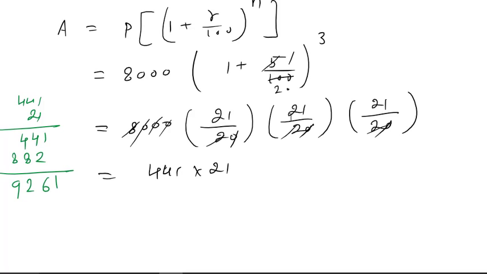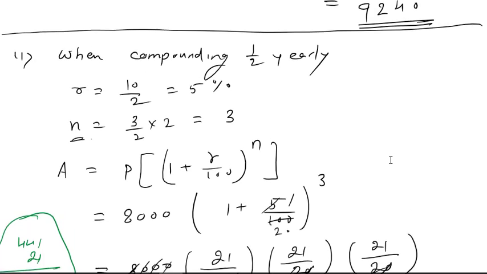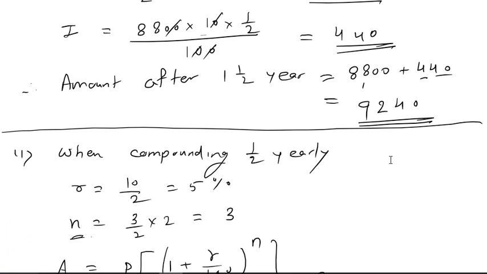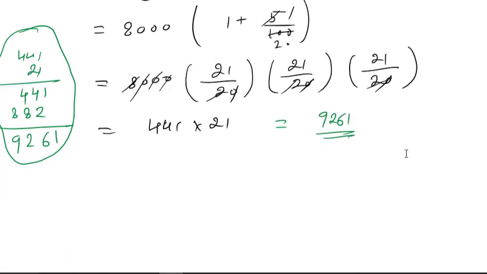So your result is 9261. This is your amount after 1.5 year when we are compounding half yearly, that is semi-annually, and when we are compounding yearly it is 9240. So 9240 and 9261.